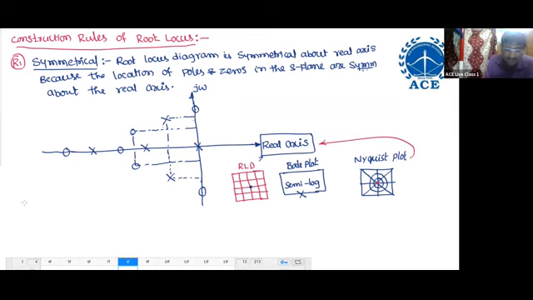Write that word. The symmetry not only depends on poles and zero location.